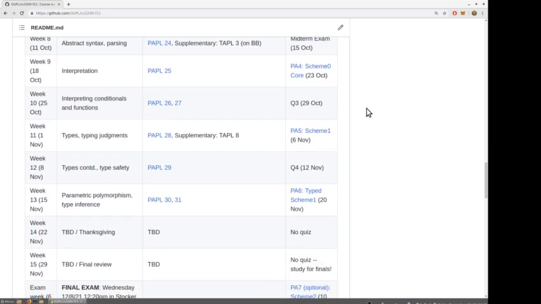I still don't know exactly what we'll do the final week. There was something I wanted to do today, but I'm going to push it back to Monday so that it's after everyone has done PA6, because it would contain some spoilers for PA6.